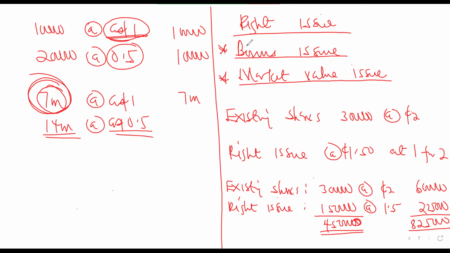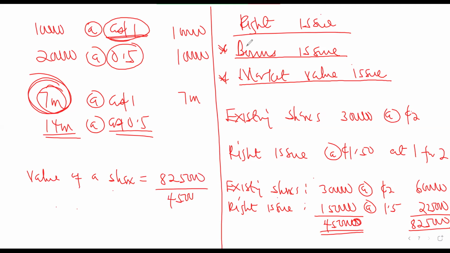So what will now be the value of a share? What will be the price of a share now? How do we find the value of a share? We divide 825,000.